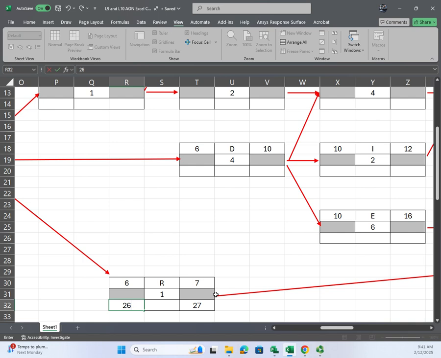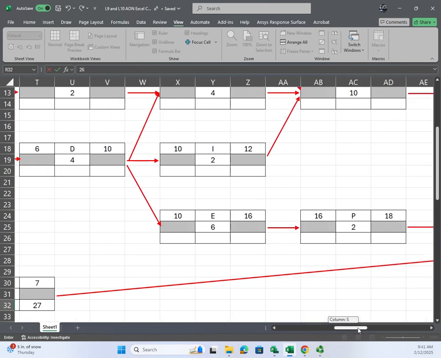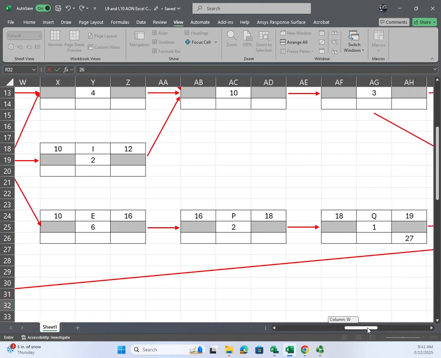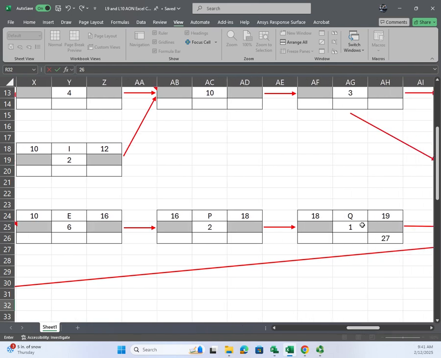It's pretty funny considering it starts right after we begin A. Okay. Alright, so sliding back to the right a little bit. Okay, so Q has a late start of 26, and we carry 26 back over to P. This becomes 24.